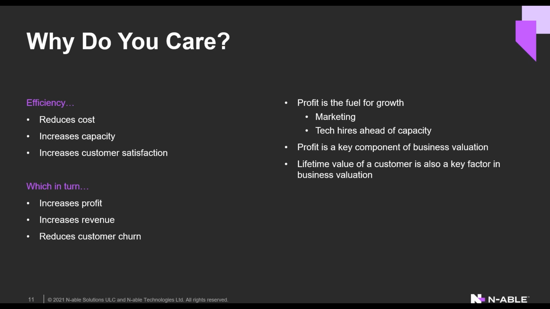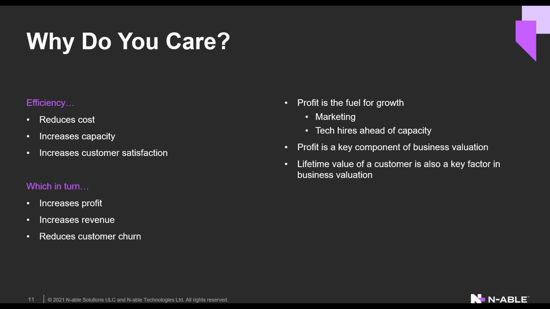Be that we are investing more in our marketing, we are investing more in our sales org, we're hiring new technicians to increase our operational capacity, right? We're investing in a physical office if that's something we're looking for, right? So anything that we can do to reduce our cost and increase our capacity is going to increase our profit and our revenue, right?